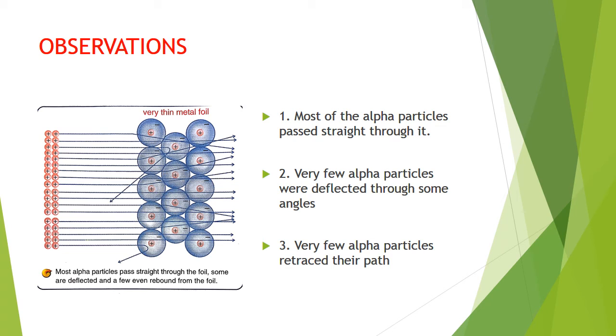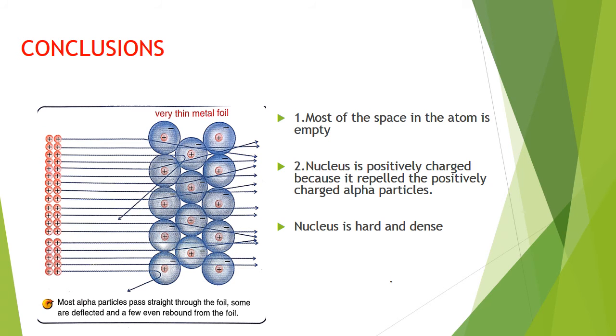Third, very few alpha particles retrace their path. That means here you can see that if the alpha particle which is positively charged is traveling in a straight path, and once it enters inside the gold atom and it strikes the core of the gold atom, in such a case the alpha particle got bounced back into the same path from where it came.